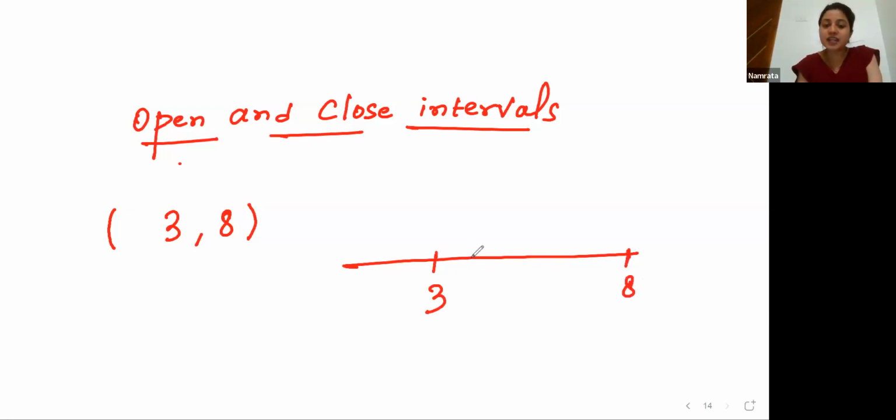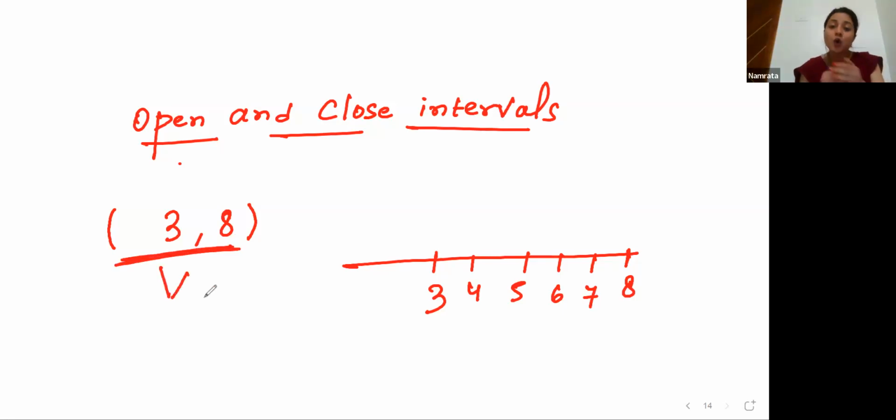The integers coming in between are 4, 5, 6, 7. If there is a smaller bracket, it represents the open interval.